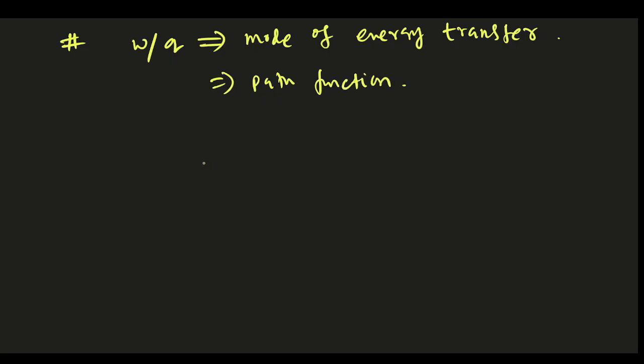But now the question is, can you distinguish work and heat? Because both are modes of energy transfer and both are path functions. Then what is the difference between work and heat?